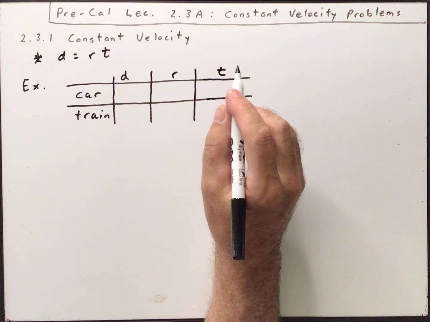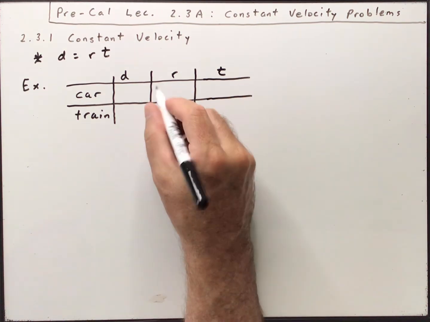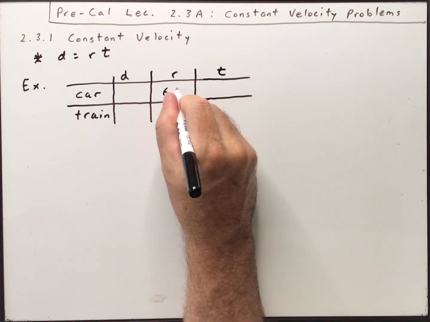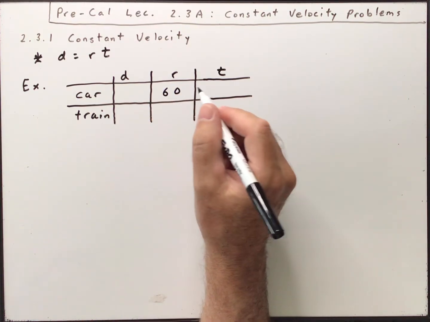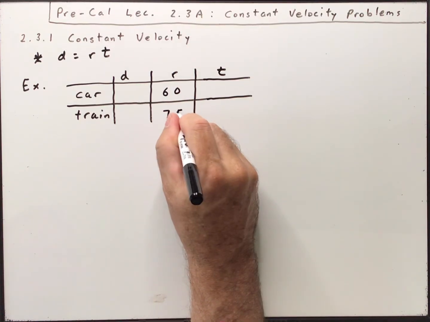Now, sometimes I like to just fill out the easy parts. And if you look at the problem, you know you're given the rate on both of them. Sometimes you have to solve for the rate, but in today's examples, you're given the rate. So we know it's 60 and 75.